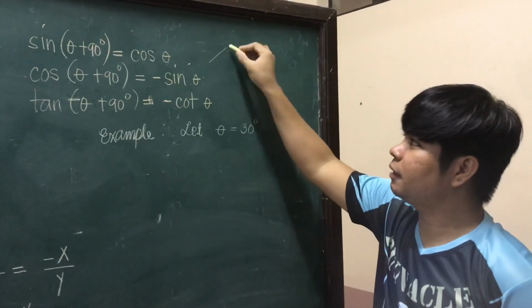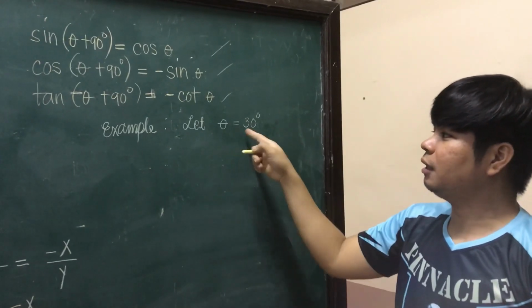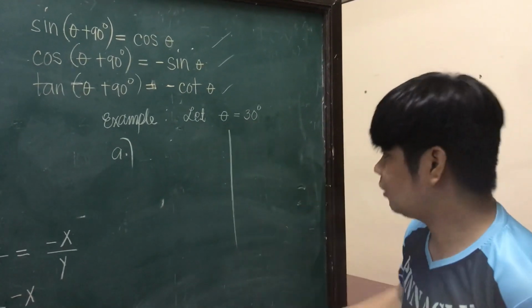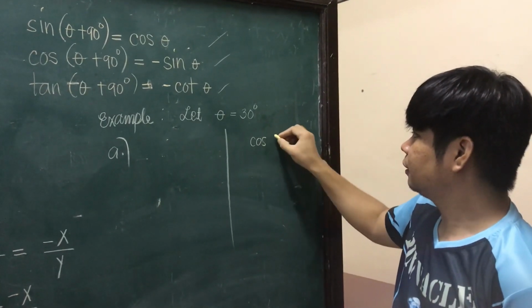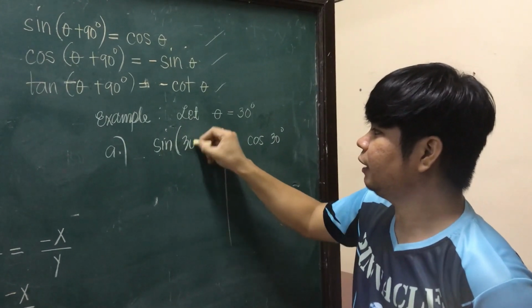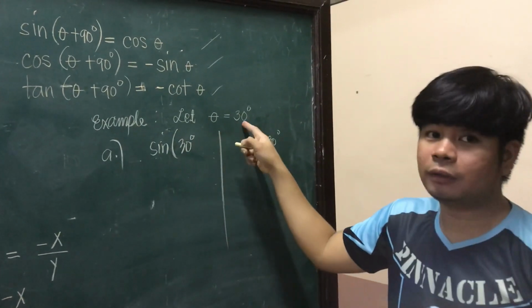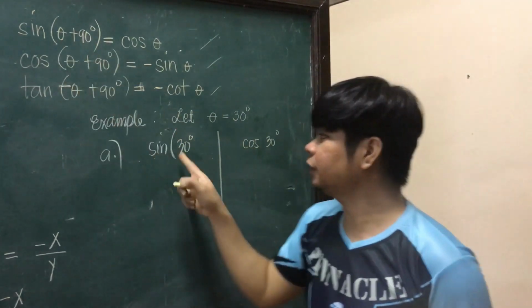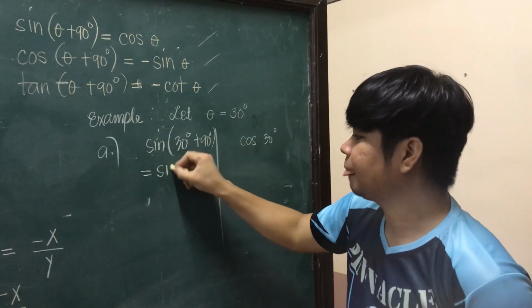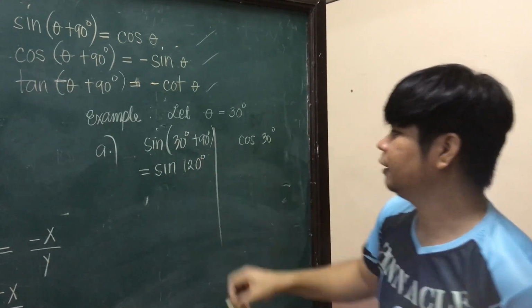Let us prove these three. We let theta be equal to 30 degrees. Let's check whether cosine 30 degrees is equal to sine of 30 degrees plus 90 degrees, which is sine 120 degrees.